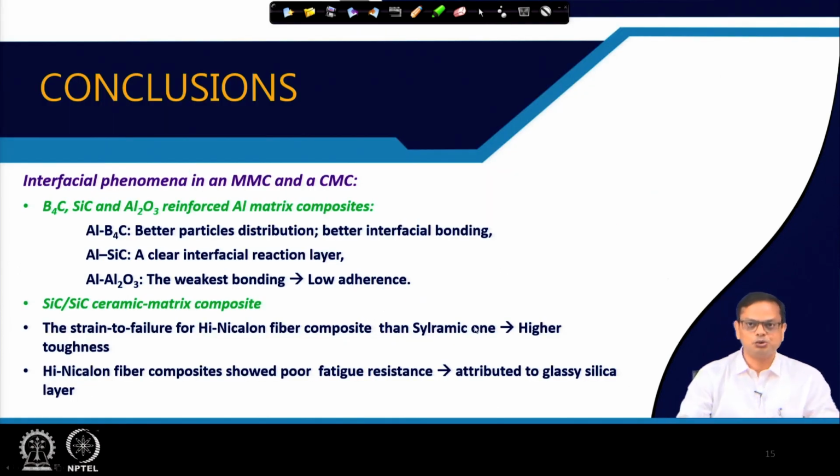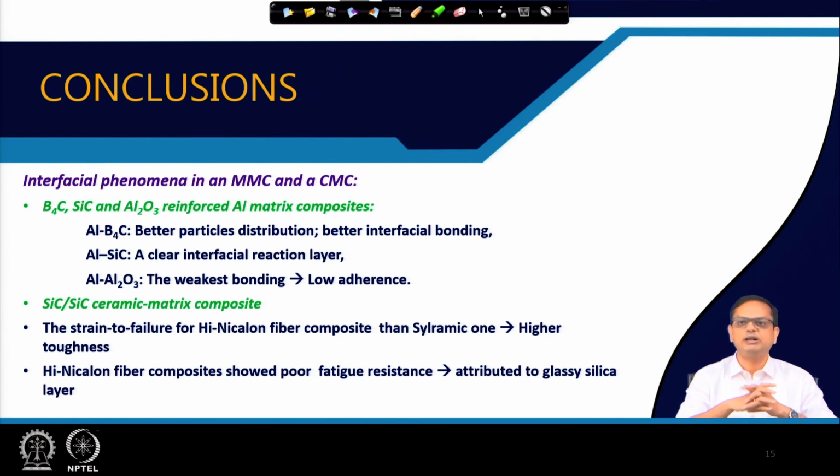All right. So, in this class we have discussed two different kinds of composite material: one is metal matrix, the other is ceramic matrix. In metal matrix, there were three different kinds of reinforcement particles, and we discussed what kind of interface forms with each of them and how those interfaces could affect the mechanical properties.